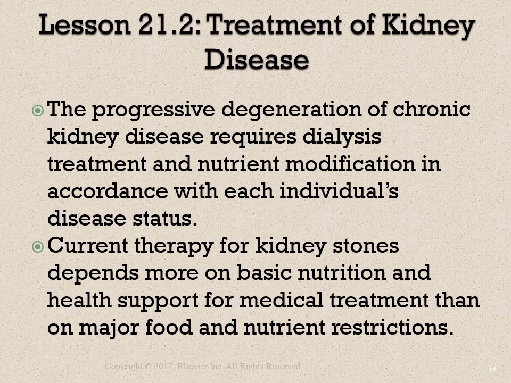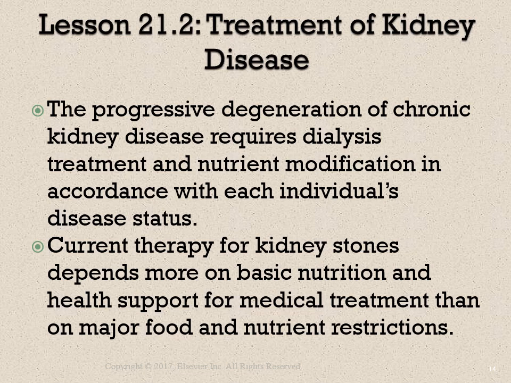Lesson 21.2, treatment of kidney disease. So here's our next introduction for this next lesson. The progressive degeneration of chronic kidney disease requires dialysis treatment and nutrient modifications in accordance with each individual's disease status. So we're moving from the acute things into more of the chronic things. Here we're saying if it's a chronic disease, then we're going to require that nutrient modification.